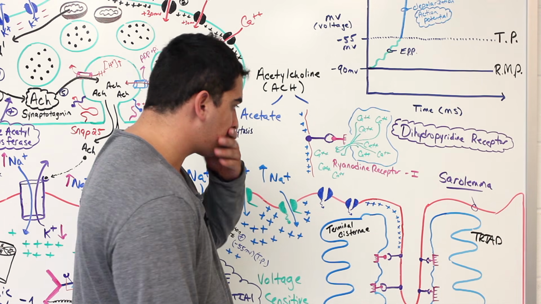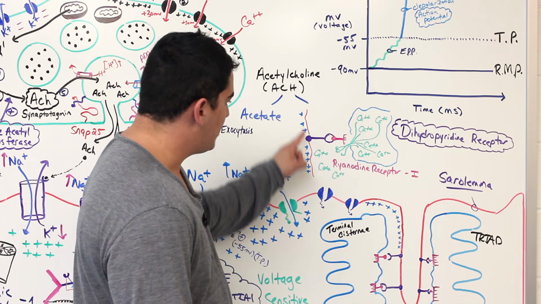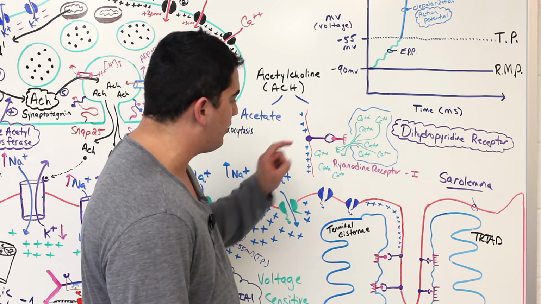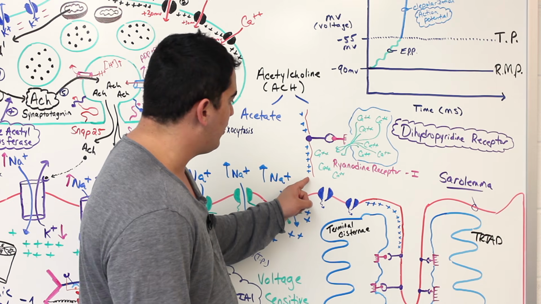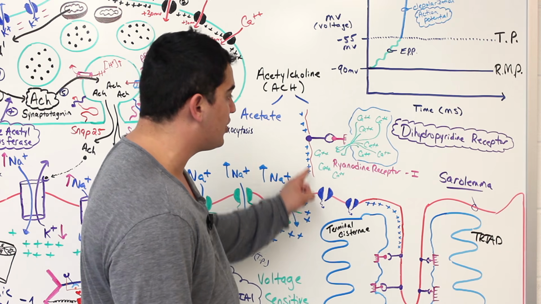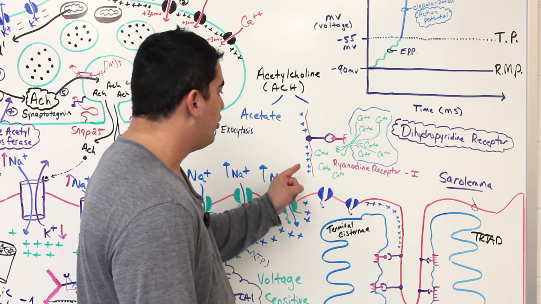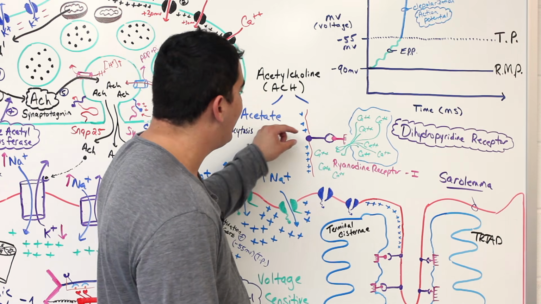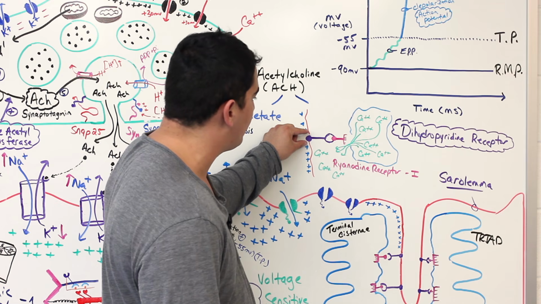Okay, so now, let's just review this real quick. This membrane right here is the T-tubule membrane. In that membrane is the dihydropyridine receptor. Whenever this movement of positive charges, that action potential, due to the voltage-gated sodium channels, moves across this T-tubule membrane, it activates the dihydropyridine receptor.